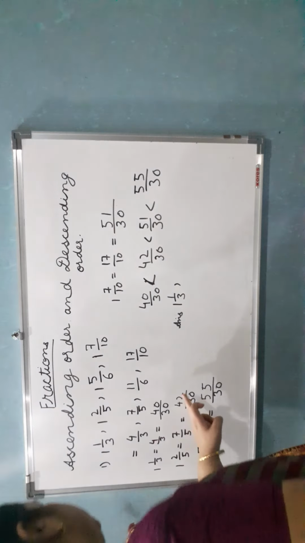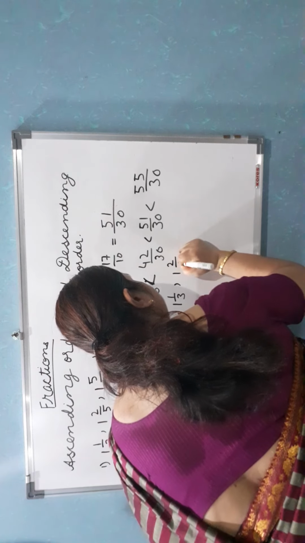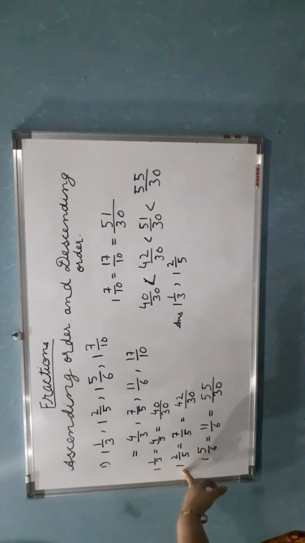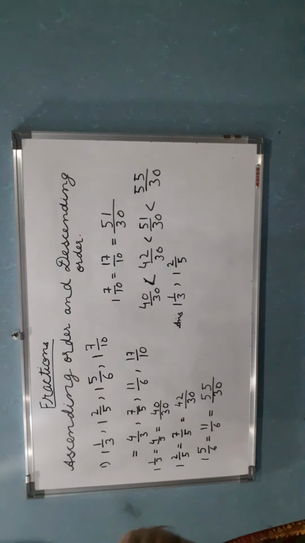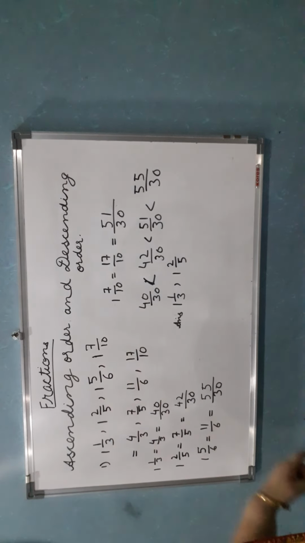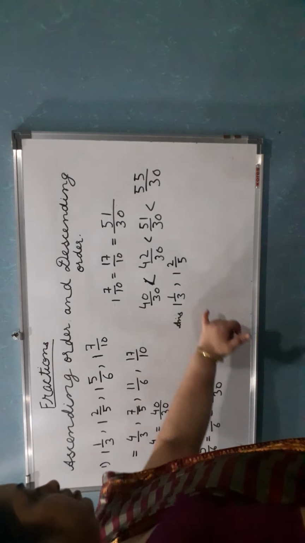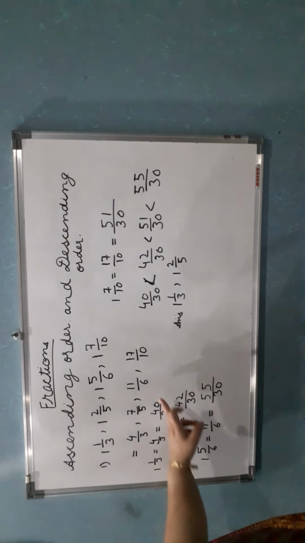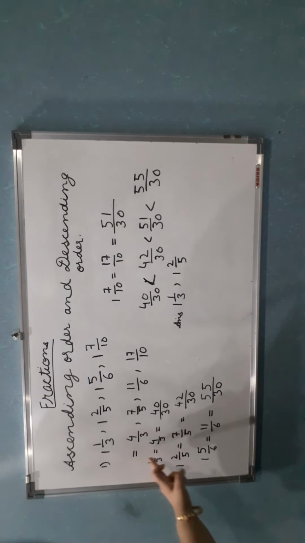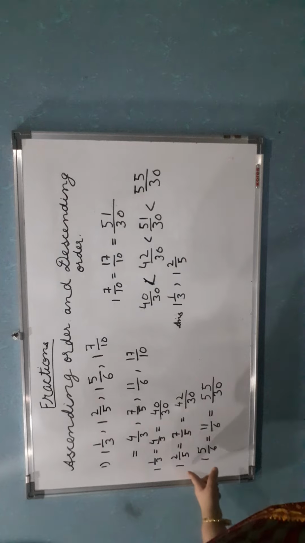Then 42 by 30 is 1 2 by 5. You have to write these mixed fractions at the end because they ask you for mixed fractions. Okay. So at the end your answer should be like this. This is the ascending order. 40 by 30 is 1 1 by 3. Then 42 by 30 is 1 2 by 5.